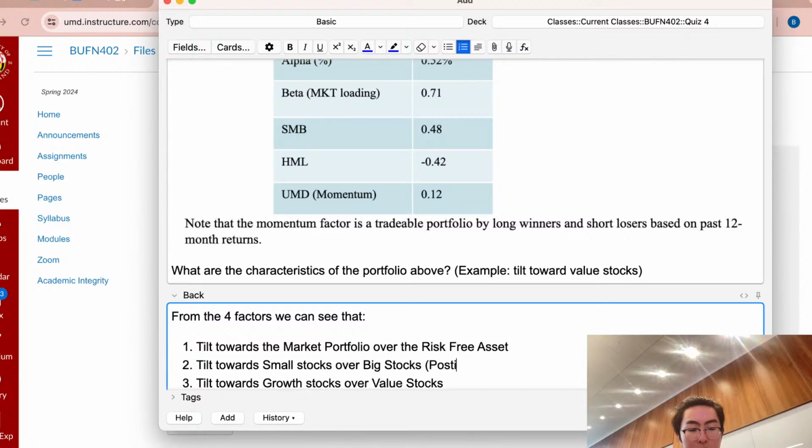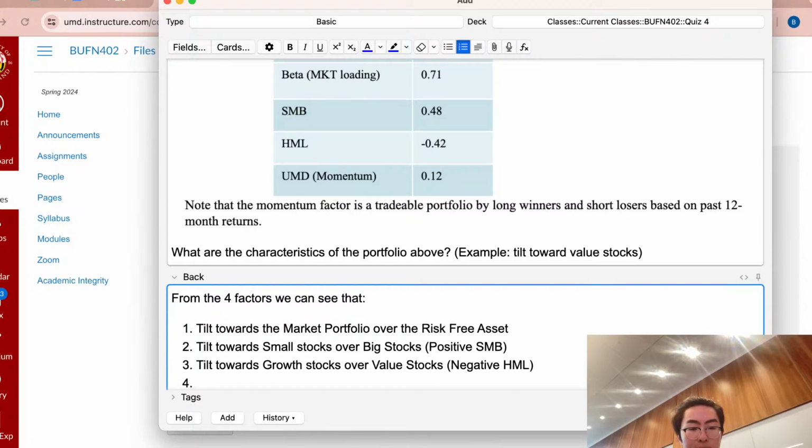So we have a positive SMB, we have a negative HML, and then we have a tilt towards, recently, I guess we could say positive momentum to negative momentum.